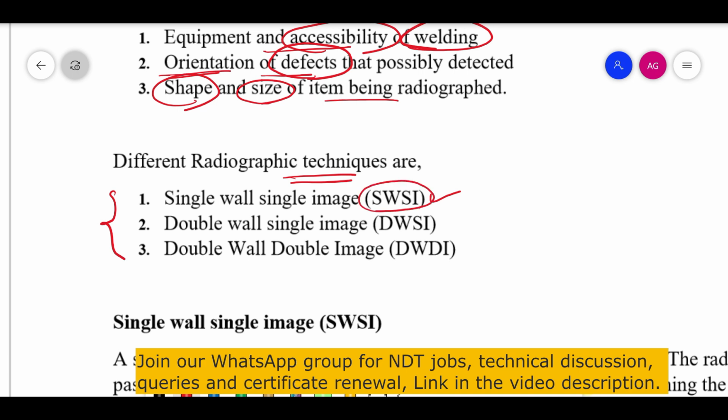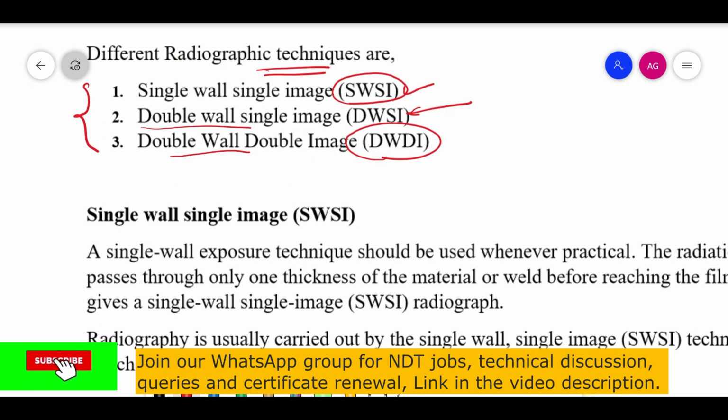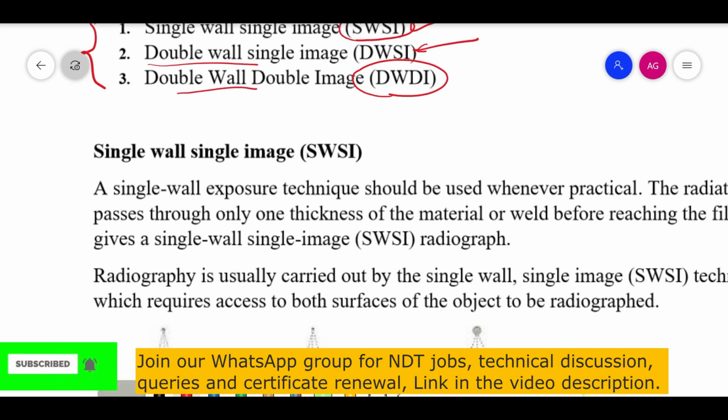Second one is DWSI, double wall single image technique. Third one is double wall double image, the DWDI technique. In this article I have described them in short form, so I have also written the short forms here.